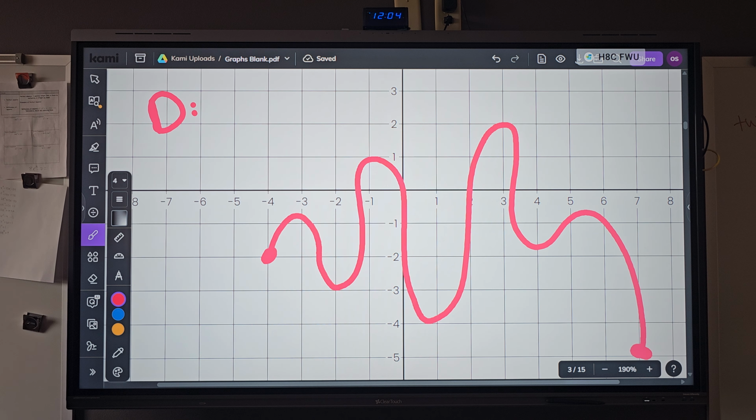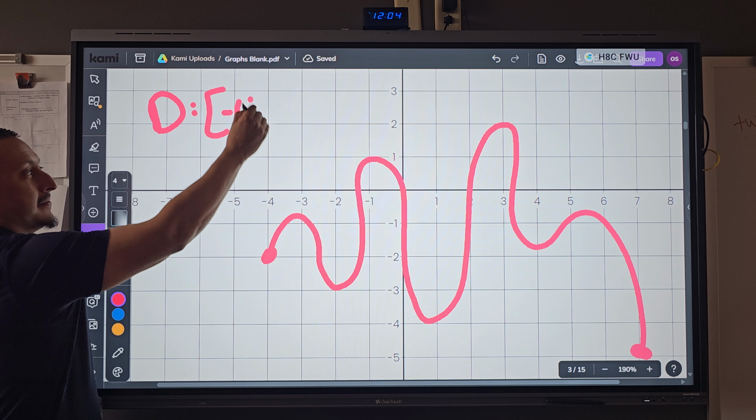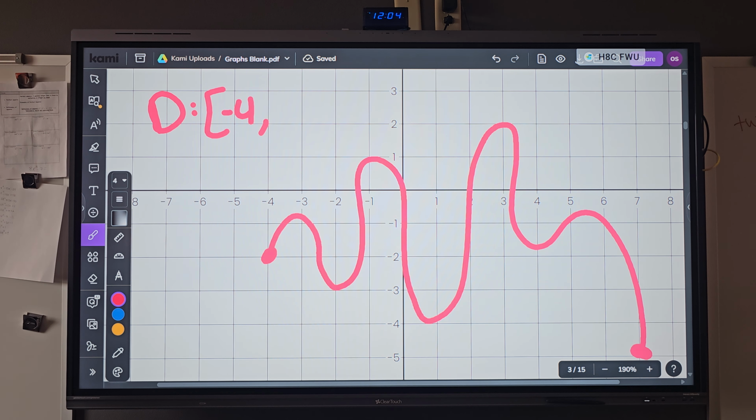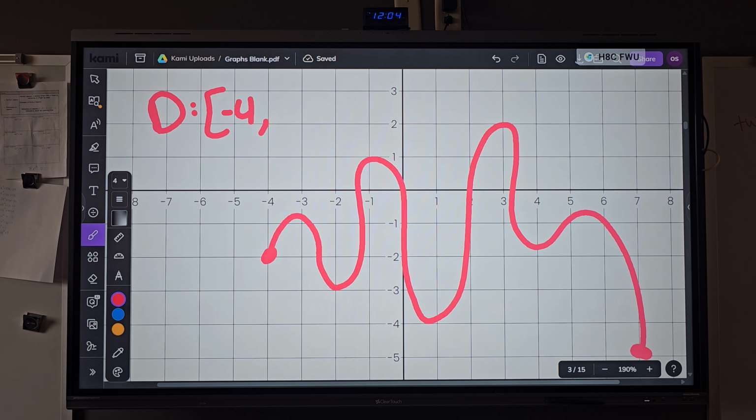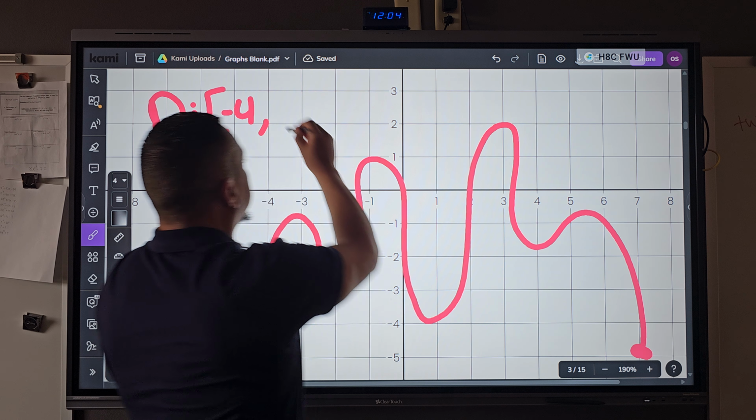Domain. What's the most left x? I keep doing -4 by accident. What's the most right x? Right here, right? Most right. 7.